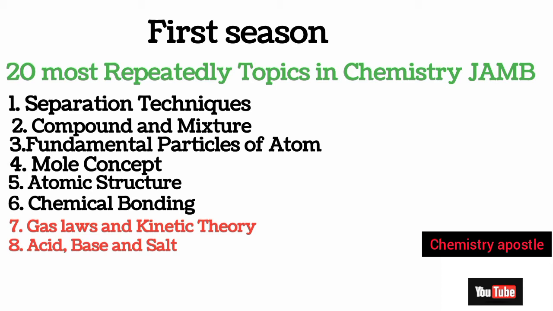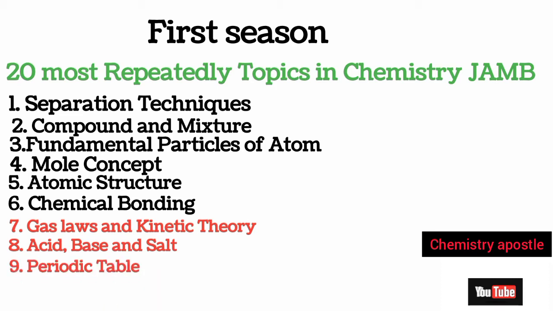Also, acid, base, and salt. Acid, base, and salt is a very voluminous topic, but the main important thing is to identify strong acid, identify strong base, and then salt. Combination of acid and base gives salt, and all salts are ionic compounds.